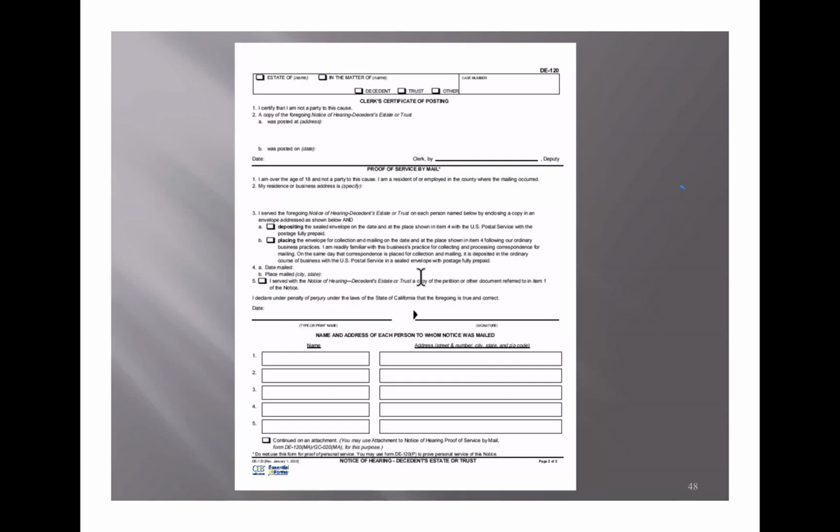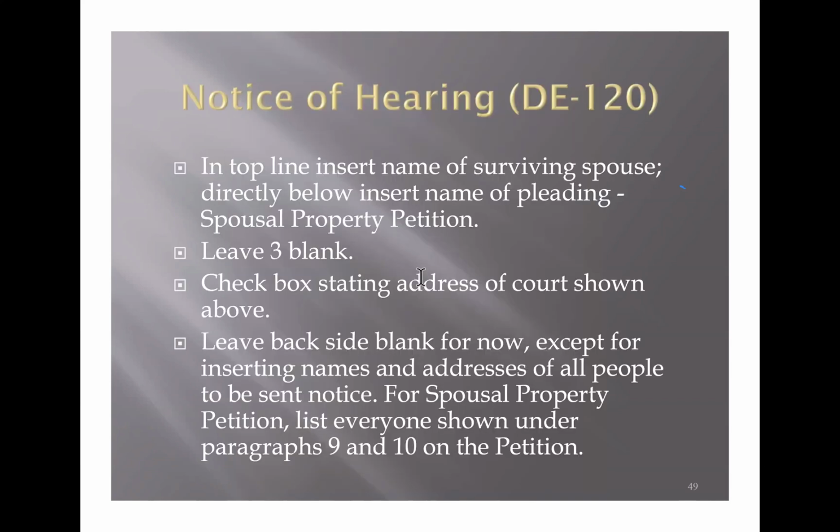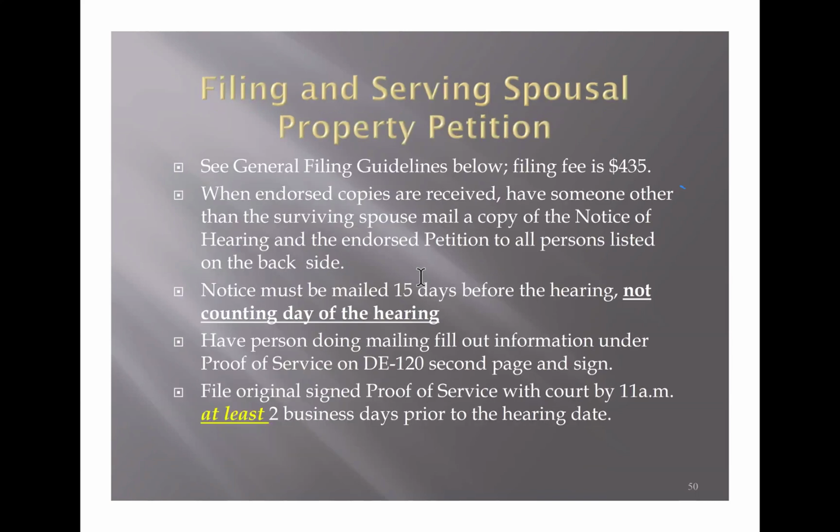If you didn't listen to that part, you can go back to it: how to fill out the notice of hearing, and that you have to find someone other than the surviving spouse or the children who is going to do the mailing. And so there's the written instructions. And again, the filing fee is $435 unless you qualify for a fee waiver.